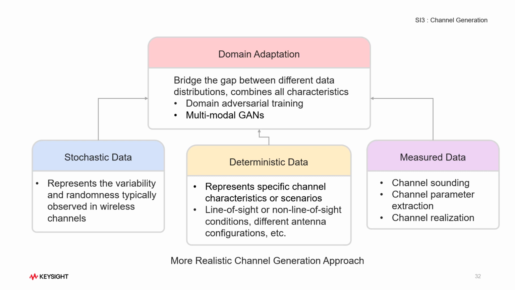To make the GAN create channel data that combines both randomness and specific features from measurement, we can use domain adaptation techniques. These techniques help the GAN understand and generate all types of channel data. We can use methods like domain adversarial training or conditional GAN with special settings for specific features.